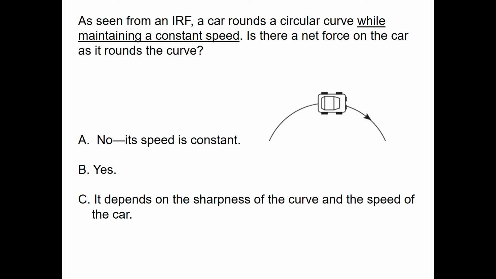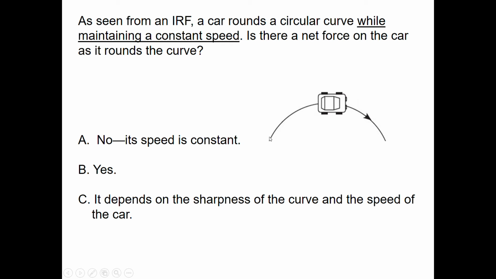All right, let's practice with this a little bit in a voting question. We're imagining we're looking at something from the point of view of an inertial reference frame. So don't worry too much about how we know that, but when we're watching this car move right here, we're watching it from an inertial reference frame, and it's rounding a circular curve while maintaining a constant speed.